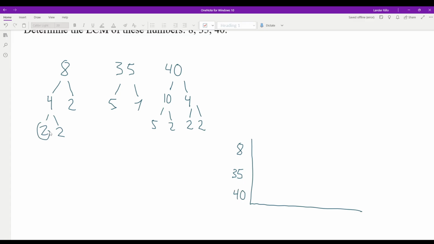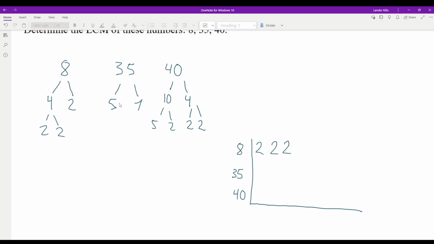And you put columns for each number, but you line them up so they're all lined up in the column like this. So let's just find all the ones that are common, or not even common, just list them all out. So there's a 2, and there's a 2 here, and there's a 2 here. So you have to include all of them.